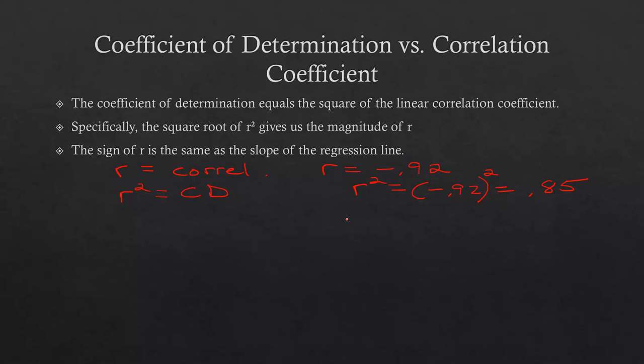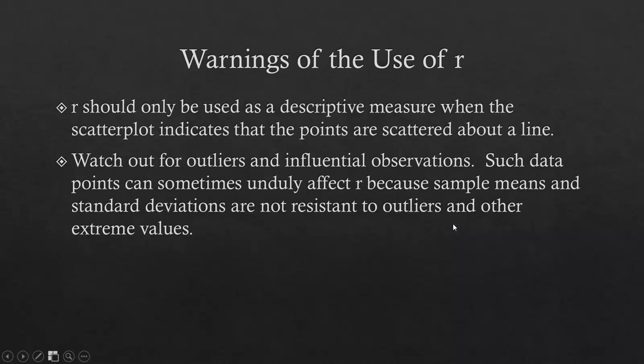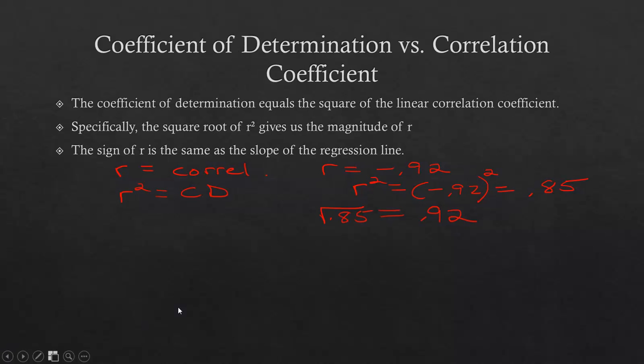So the square root of 0.85 equals 0.92. Now that's why it's the magnitude. The reason it's the magnitude is because notice that 0.92 is positive.